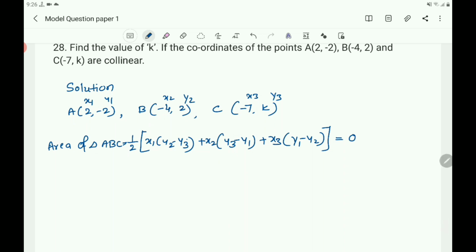Then it becomes, x1 is 2, y2 is 2 minus y3 is k.